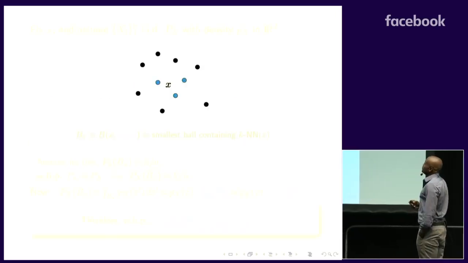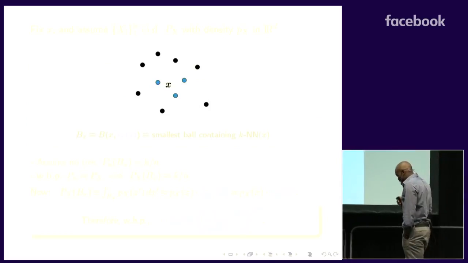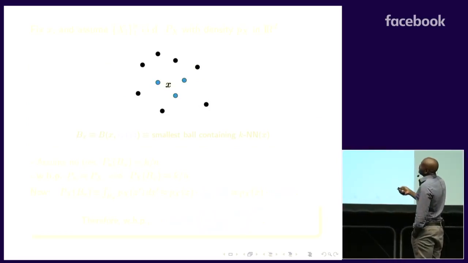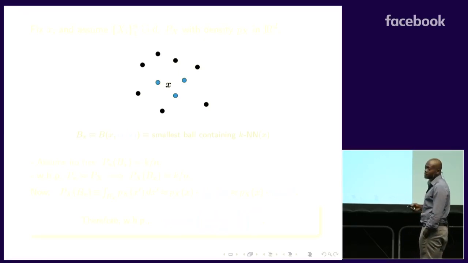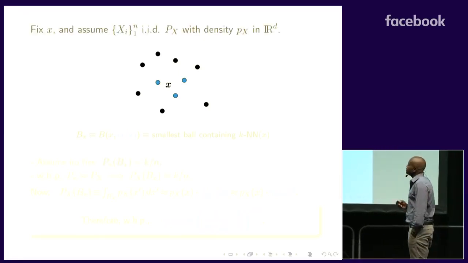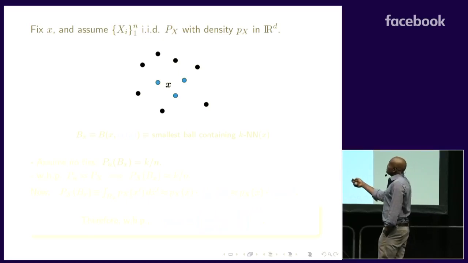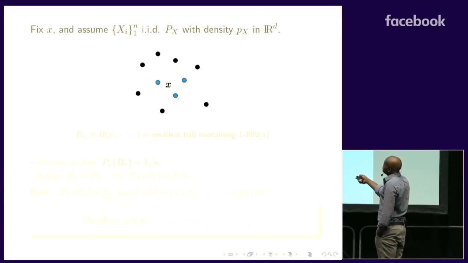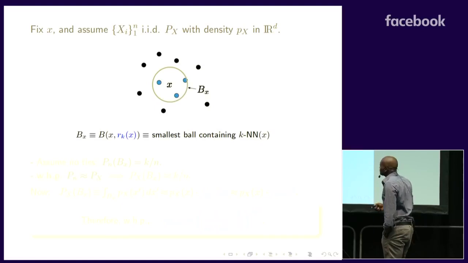Here is a basic intuition again. Let's look at this cartoon. These are the three nearest neighbors of x. We'll assume that all the xi's are IID with some density px in a Euclidean space Rd.